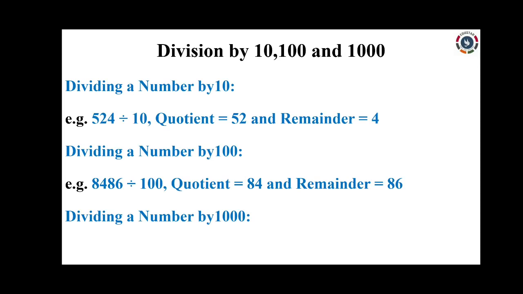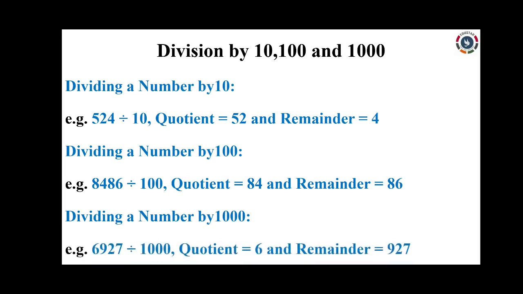The remaining digits are the quotient. Example, 6927 divided by 1000. Here the ones place digit, tens place digit, hundreds place digits are 7, 2, 9. So 927 is the remainder. The remaining digit 6 is the quotient.